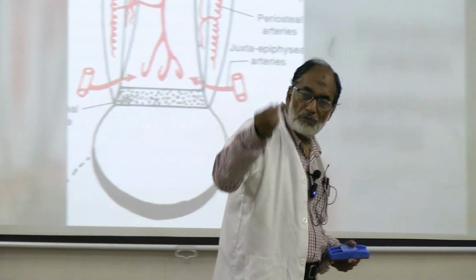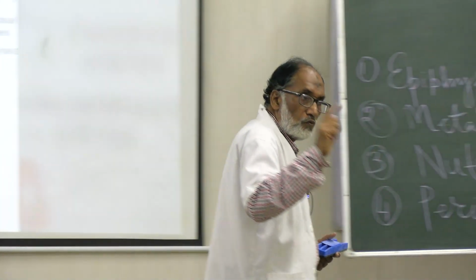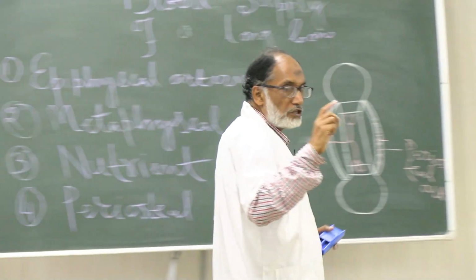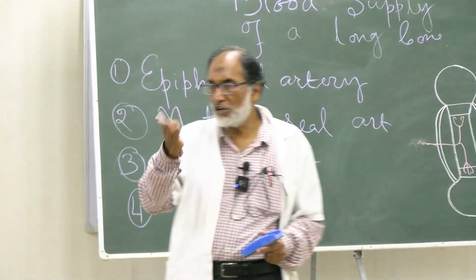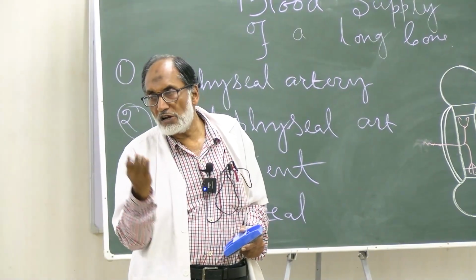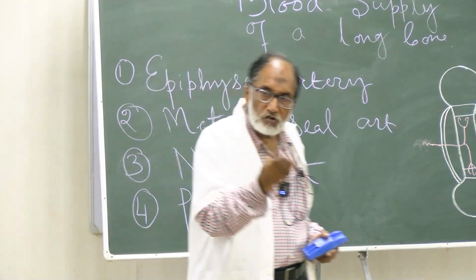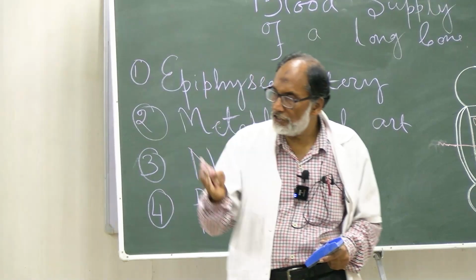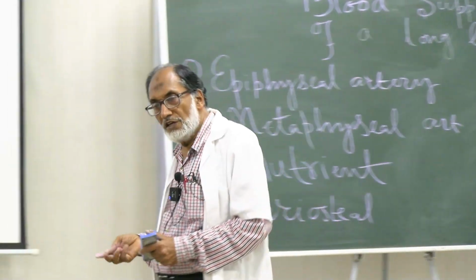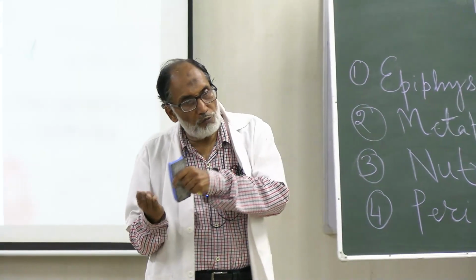I have already talked about the periosteum. What is called periosteum? Periosteum is the outer covering. It has two layers, an outer fibrous layer and an inner cellular and vascular layer. That cellular layer contains osteoblast cells, so it acts in the deposition of the bone.